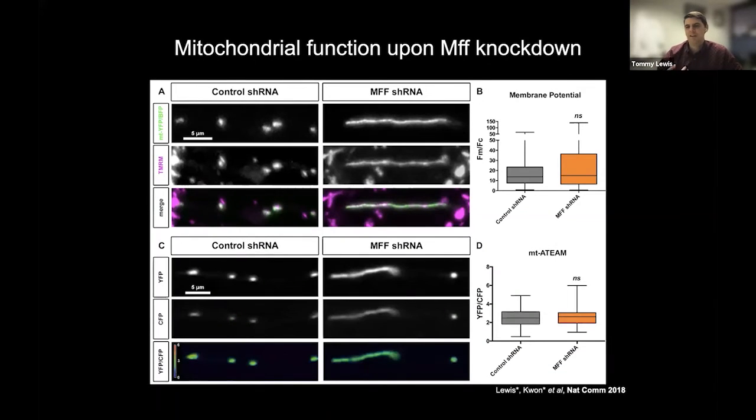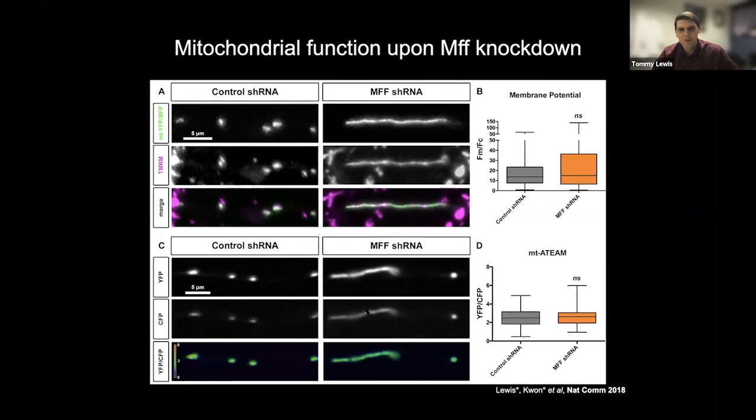And then we look at ATP production. As we all know, mitochondria are called the powerhouse of the cell, and that's what everyone likes to think of them as. So we wanted to check using a FRET probe called mito-ATEAM that is sensitive to ATP levels.